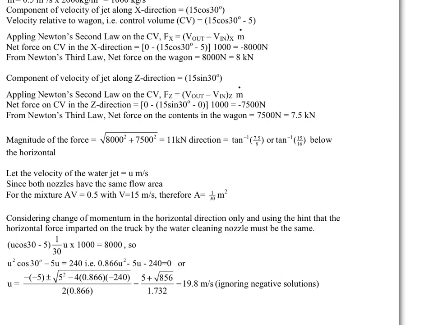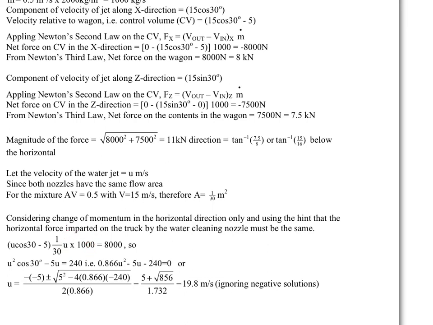So now we consider the change of momentum in the horizontal direction only. Remember there is a hint that the horizontal force imparted on the truck by the water cleaning nozzle must be the same to maintain the force. So u cos theta minus 5 multiplied by the mass flow rate.